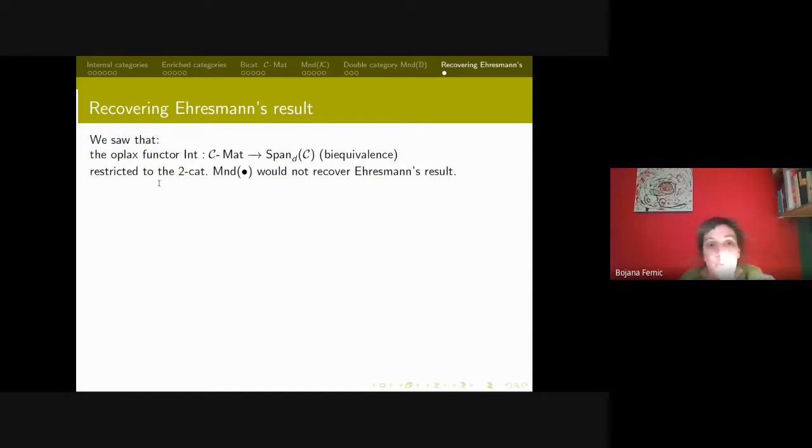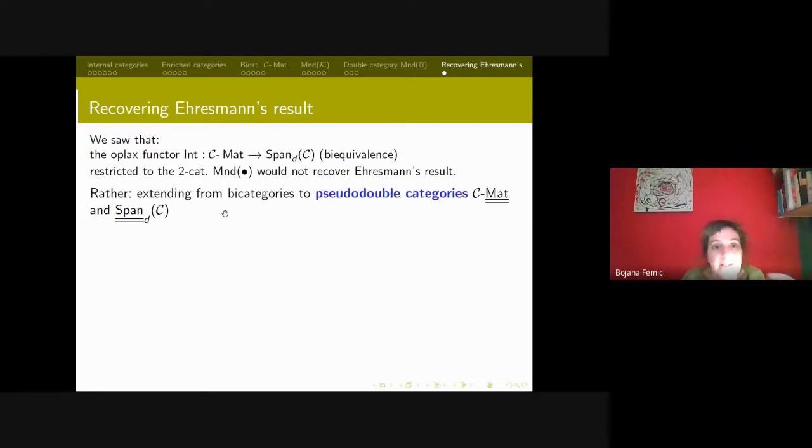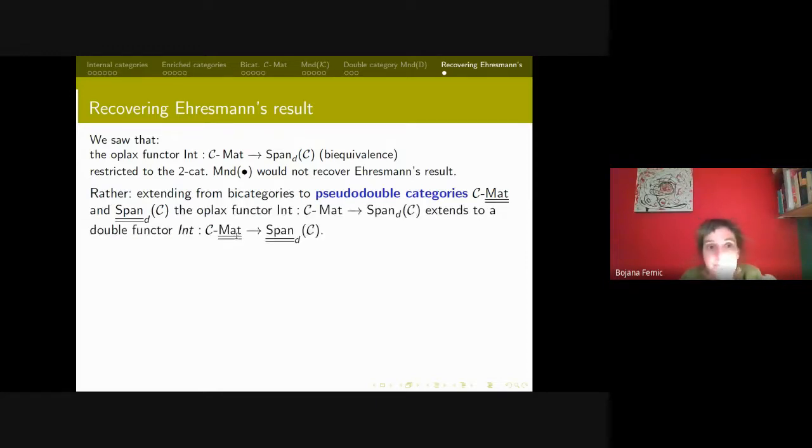And if we went from there to the two-category of monads of the respective two-categories, we could not recover Ehresmann's results. But extending from the bicategories of C-matrices and spans to pseudo double categories of C-matrices and spans, this oplax functor from above extends to a double functor, which I call internal, between these respective pseudo double categories.